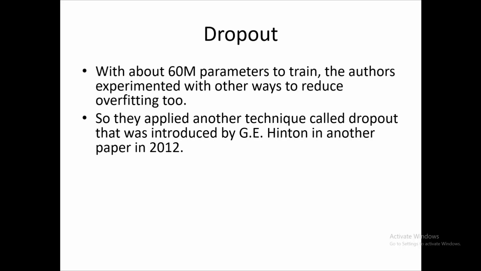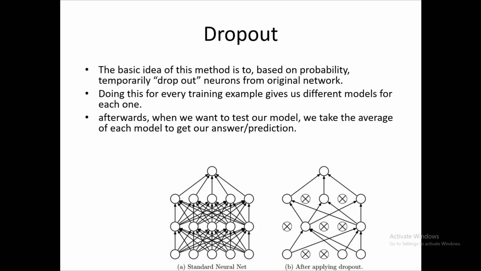So what they did was apply another technique called dropout, which was introduced by Geoffrey Hinton in another paper in 2012. This dropout is also one of the techniques used for regularization, and the basic idea of this method is that, based on probability, we temporarily drop out neurons from the original network.